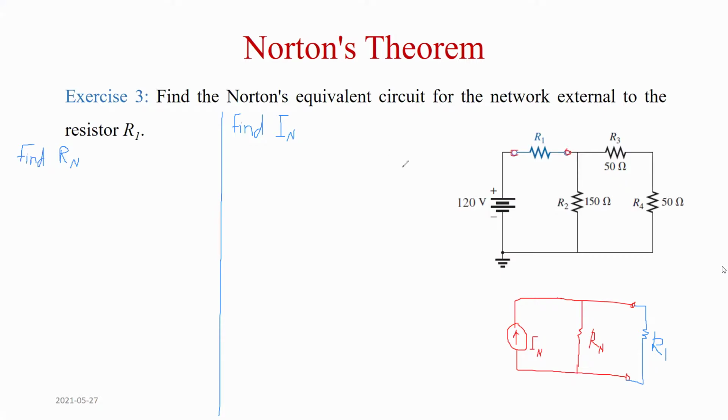So I draw the same circuit until I get to the terminals. I make a minor change there. So this is the circuit. These are the terminals. This is the circuit that I want to find the equivalent for.